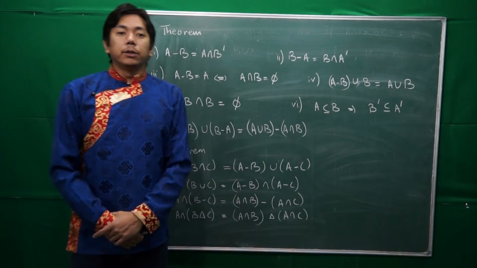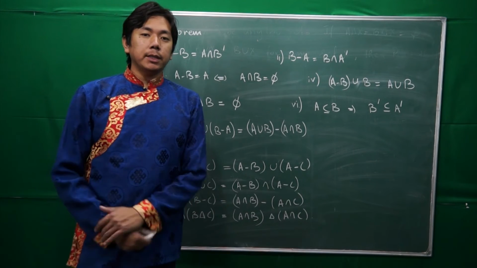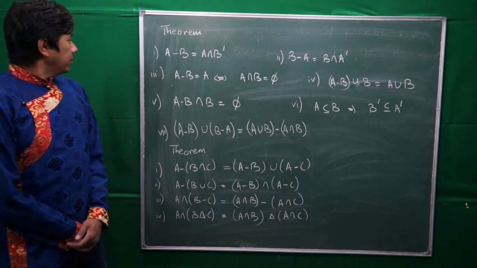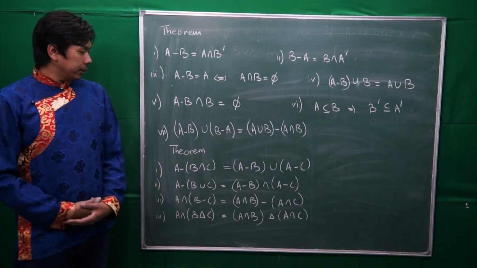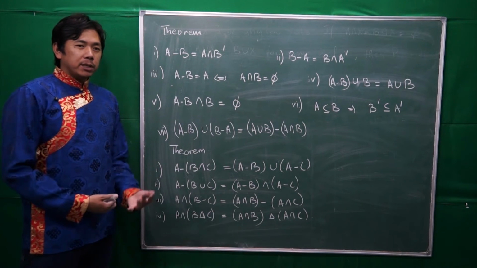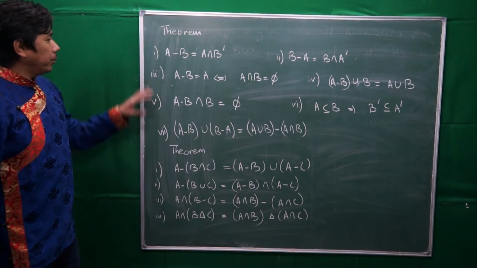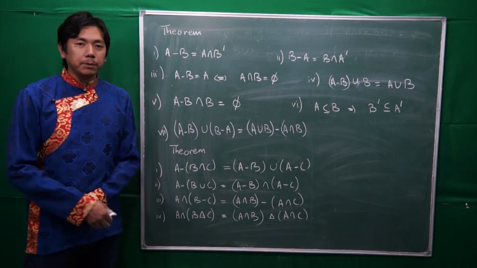Simple. So next we are going to study certain theorems based on the operations and algebra of sets. These are certain operations that are useful in certain questions, mostly complex questions based on IITs. The formulas are such that you have to use them to solve certain questions.